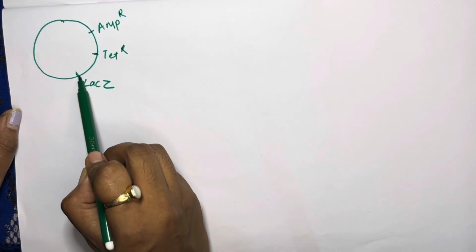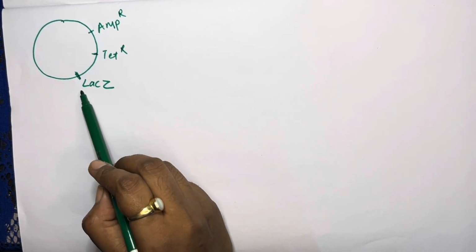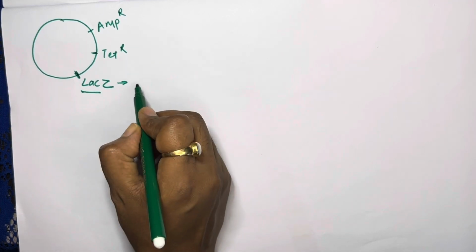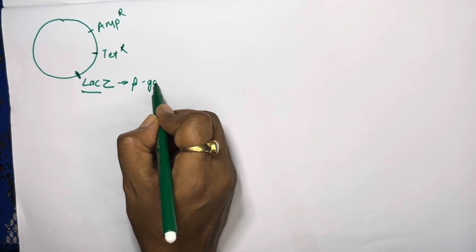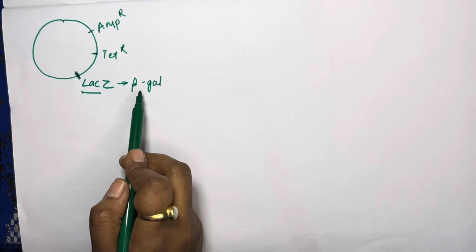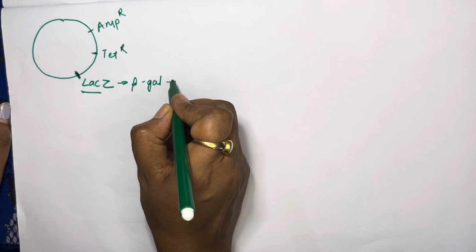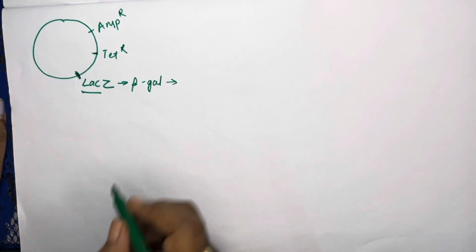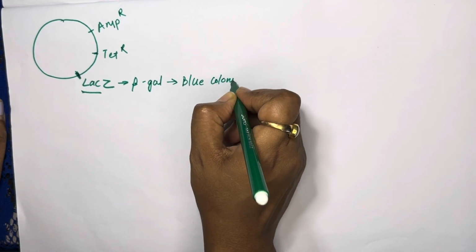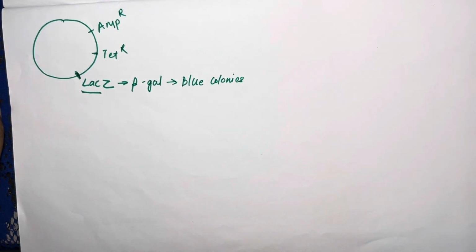If the plasmid has a LacZ gene, it produces one protein or enzyme known as beta-galactosidase. The LacZ gene of the plasmid can produce beta-galactosidase, and beta-galactosidase helps in producing blue colonies whenever we place them in a Petri plate.